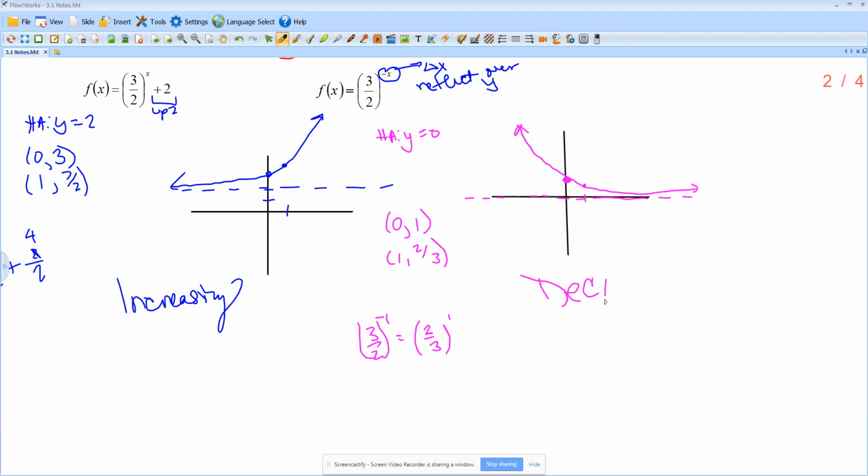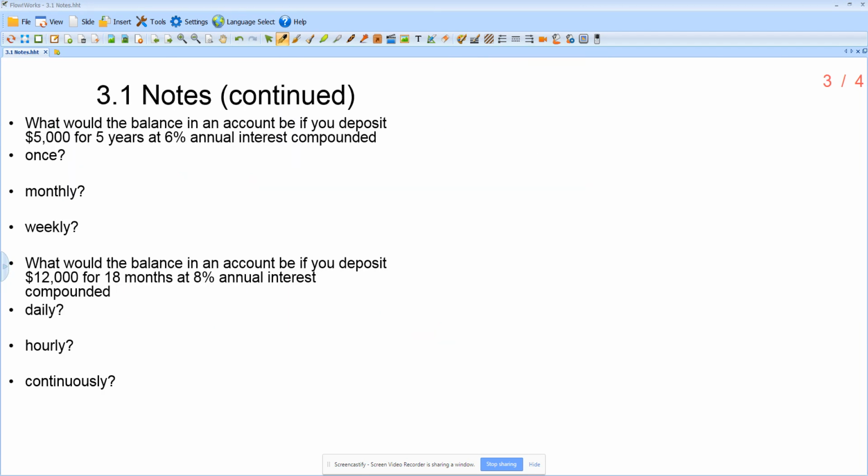This is a decreasing function. Again, you could do that also just by graphing the original function and then doing the shift. I prefer to just use the coordinates, and I think I do that for logarithmic functions as well when we get to those. All right, moving along.